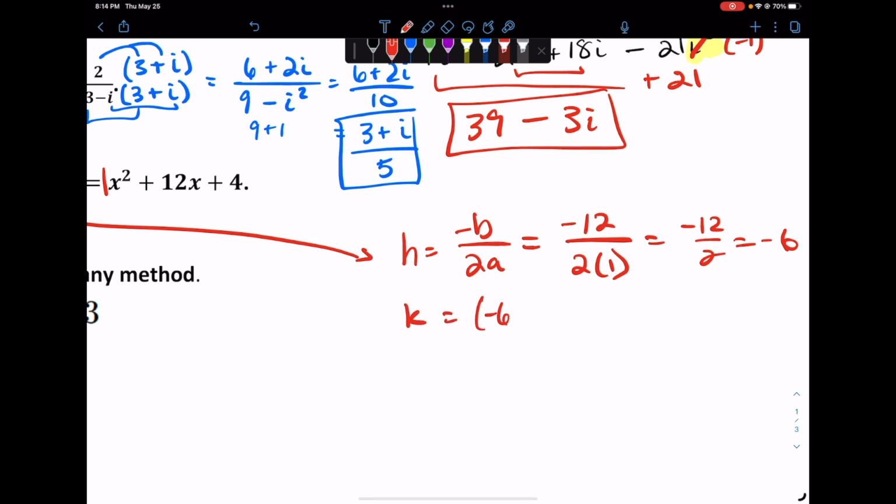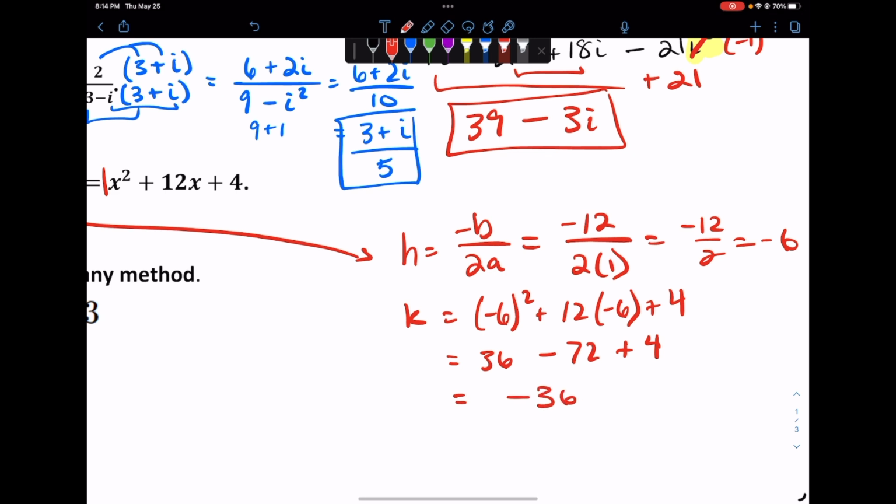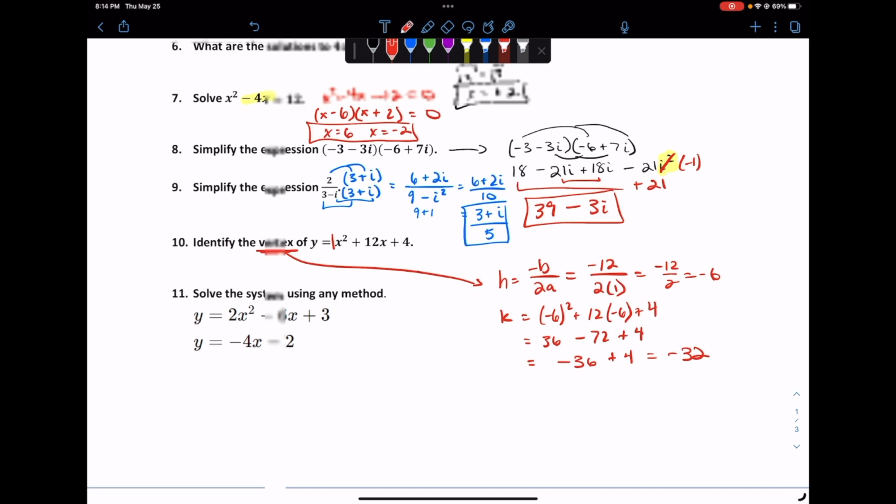So we've got negative 6 squared plus 12 times negative 6 plus 4. That's going to be 36 minus 72 plus 4. So negative 36 plus 4, which is negative 32. So what's the vertex? That's going to be negative 6, negative 32.